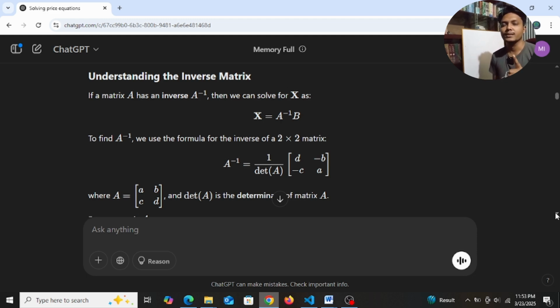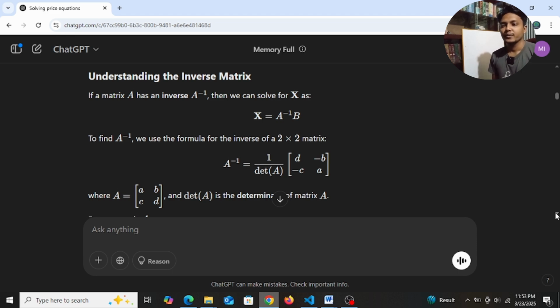What number multiplied by 2 gives us 1, because 1 is the identity for multiplication? We need to target the identity. So 2 multiplied by half gives 1. So half is the inverse for 2 in the case of multiplication.